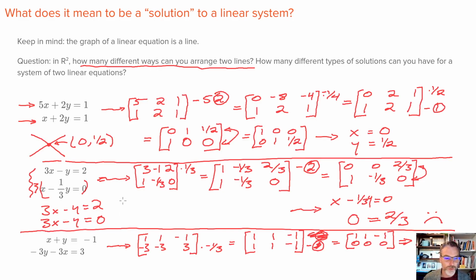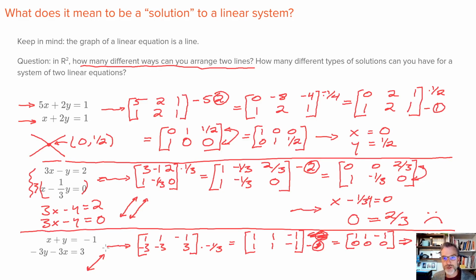So we have another situation. The previous situation was that we had two parallel lines that didn't intersect. This one is that these two are actually the same line. So any x and y that satisfies this equation will also satisfy that second equation.